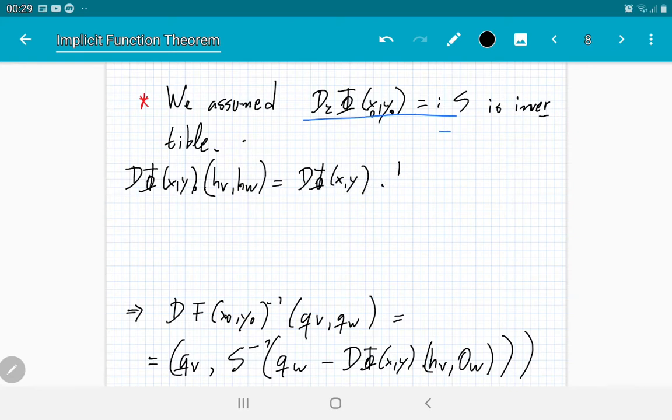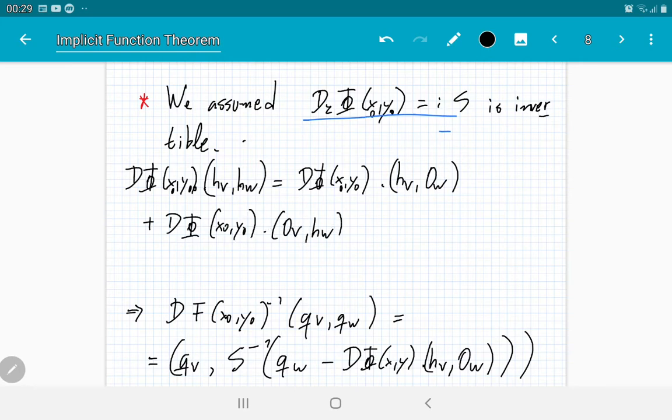So I can apply this to hv, 0w plus d phi at x naught, y naught applied to 0v, hw.